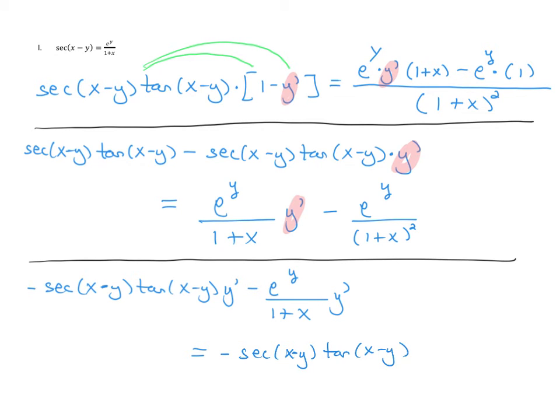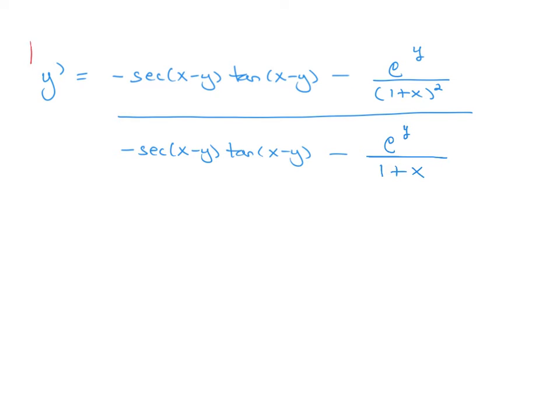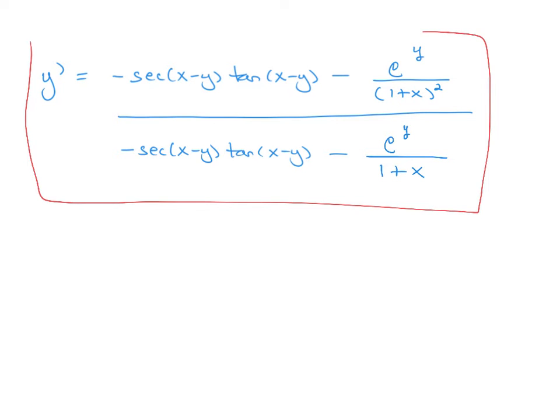And then on the right, I already have this e to the y over 1 plus x squared. What I'll do is factor out the y primes and divide what is left over to the right side of the equation. So this is the answer after I factored out the y prime on the left and divided what was left over to the right side.